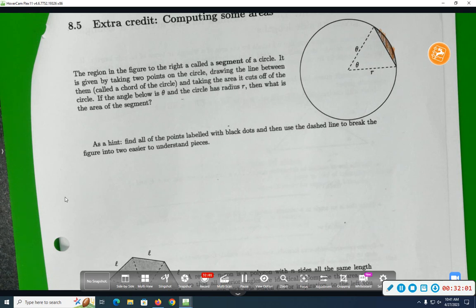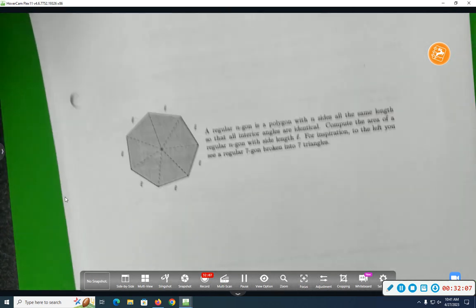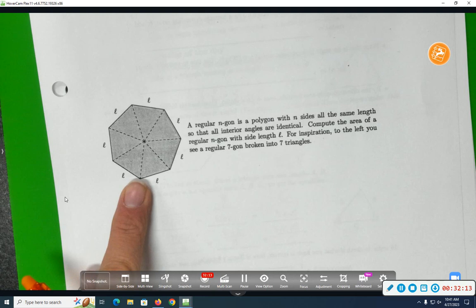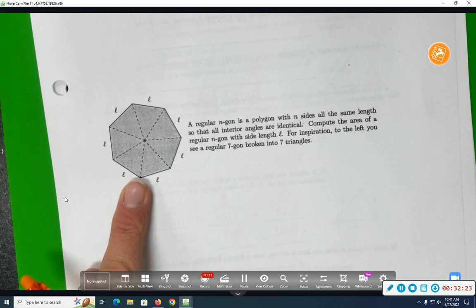Find a formula for the area of a segment in a circle. You can probably find a formula for a regular n-gon. If you have a perfectly symmetric shape, which has some number of sides that are all the same length, you can determine the area of that in terms of, I guess, some angles.